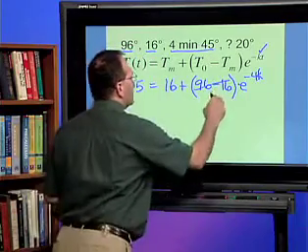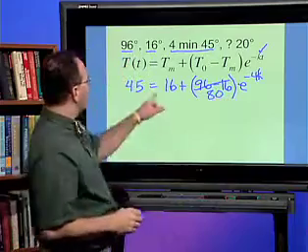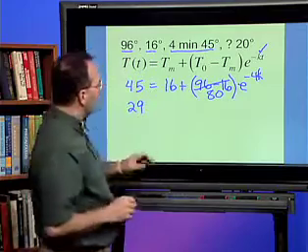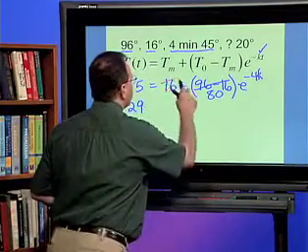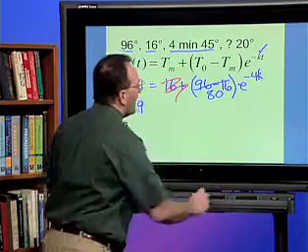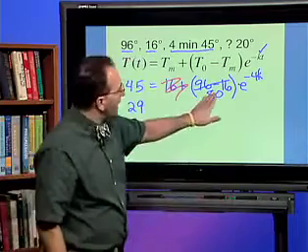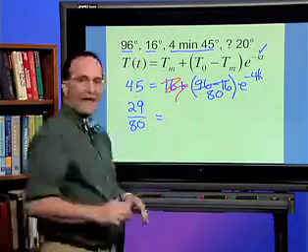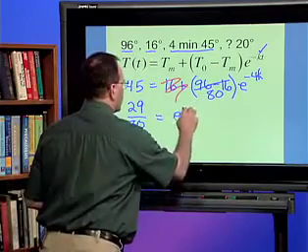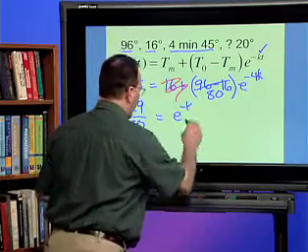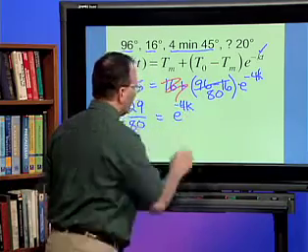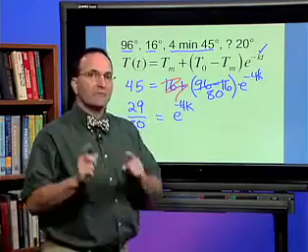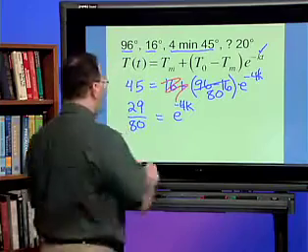So this is 80. We're going to subtract 16 from each side, which will give me 29. That means this will disappear, and therefore I can divide both sides by 80, and I will then have 29/80 equals e to the negative 4k. Now I need to get k out of the exponent. And remember, the way to do that is to take the logarithm of both sides.